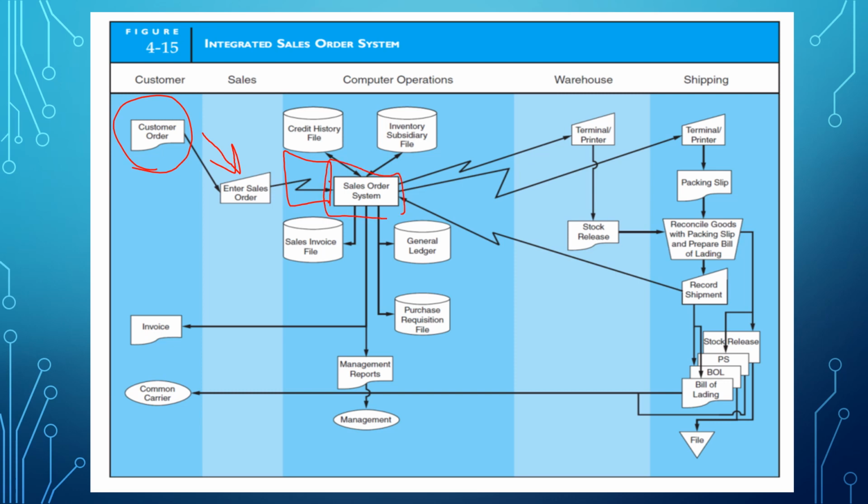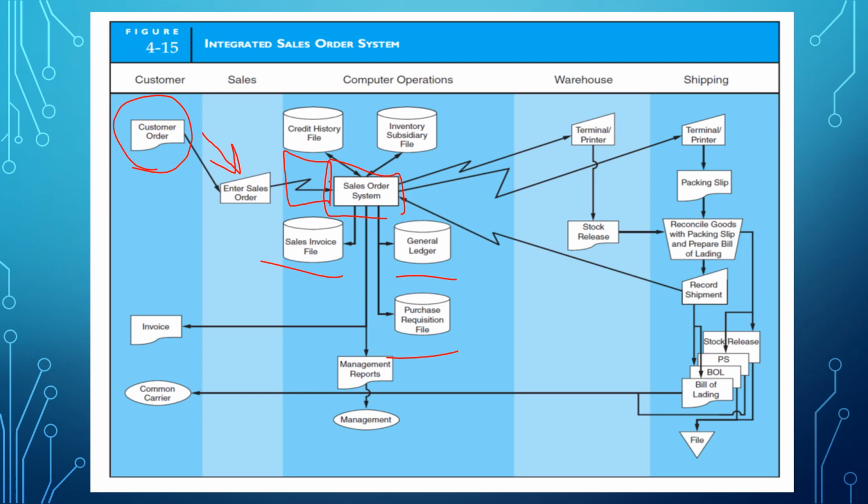From the sales order system processing, we update all the digital files or databases. We update the sales invoice file, we update the general ledger, and we update the purchase requisition file. Why do we update the purchase requisition file?